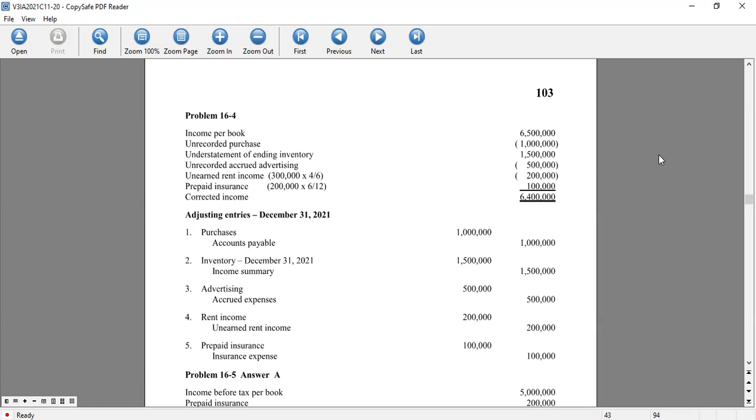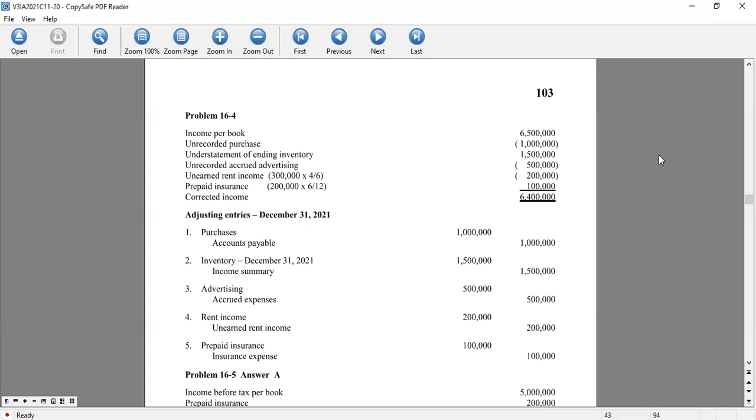So the unearned is 200,000. So now we have the prepaid insurance covering the period July 1, 2021 to July 1, 2022. So it's a period of 1 year. The payment of 200,000 was paid and recorded as expense on July 31, 2021.